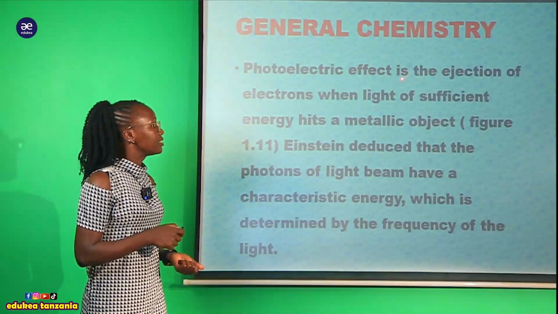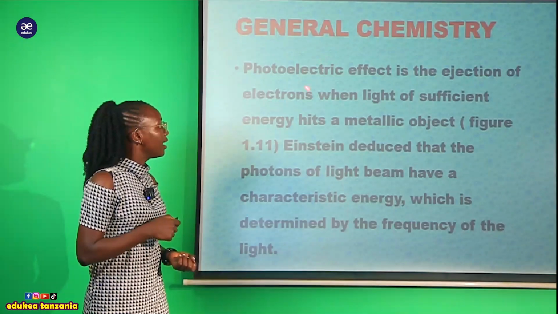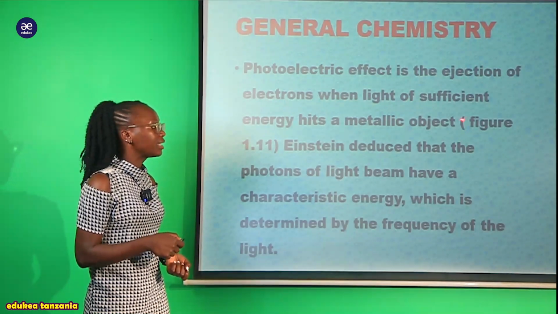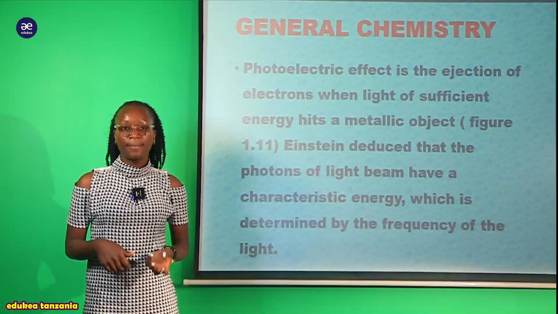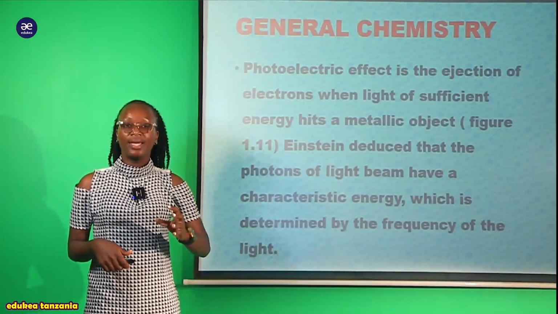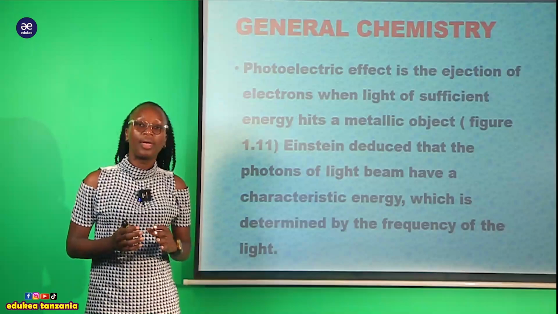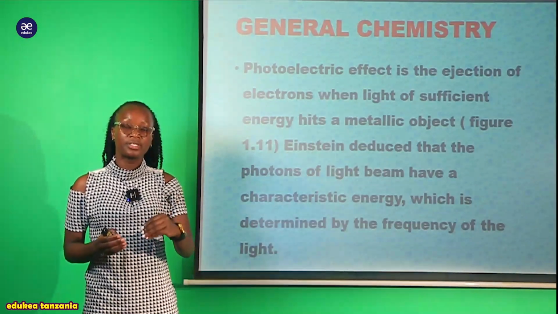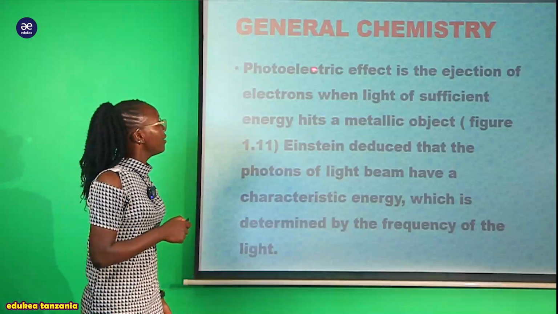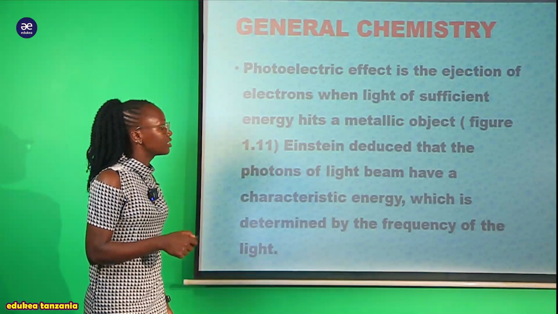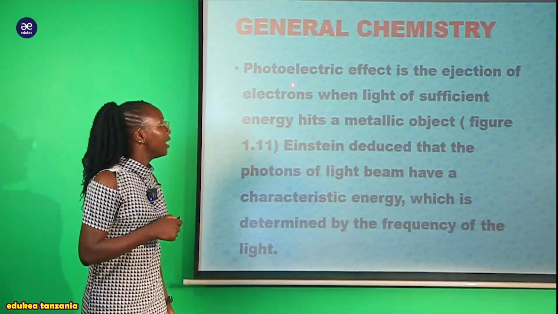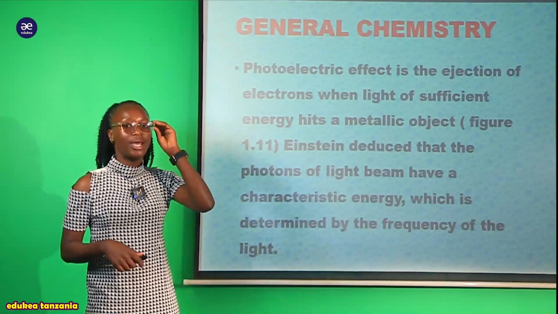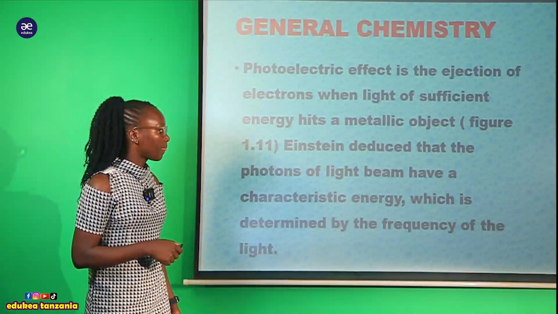So photoelectric effect is the ejection of the electron when light of sufficient energy hits a metallic object. Bado tunaongelea ile the way ile object inavyo emit radiation once inavyokuwa subjected kwenye heat source. Kwa hiyo hii photoelectric effect is the ejection of the electron when light of sufficient energy hits a metallic object.